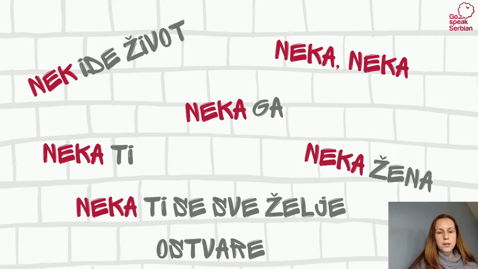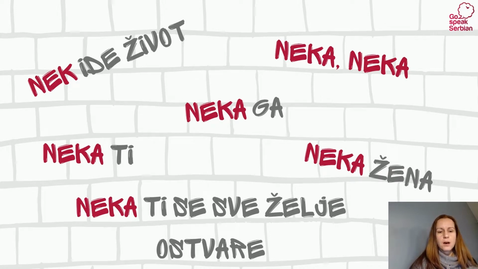As I pointed out, there is a slight difference when we are using accusative after neka and dative after neka. When we are using accusative, we are suggesting that we are accepting the situation as it is. We don't want to bother changing something. And then when we are using dative, we are suggesting that the person should take whatever they want from that situation, and we are just letting go of something.